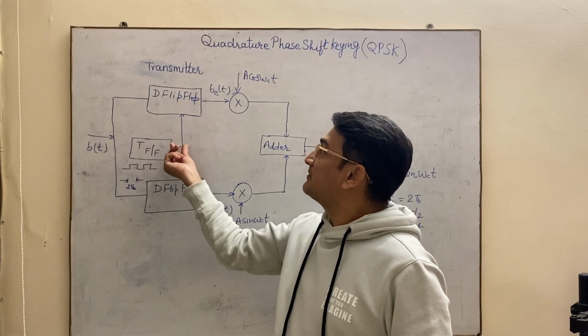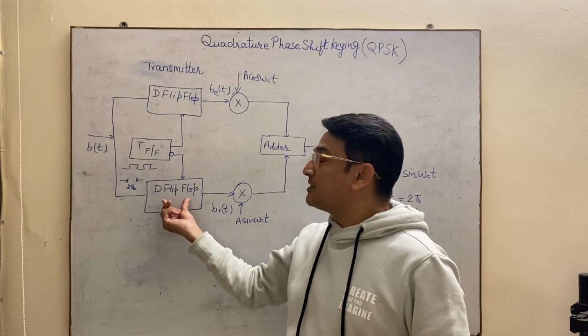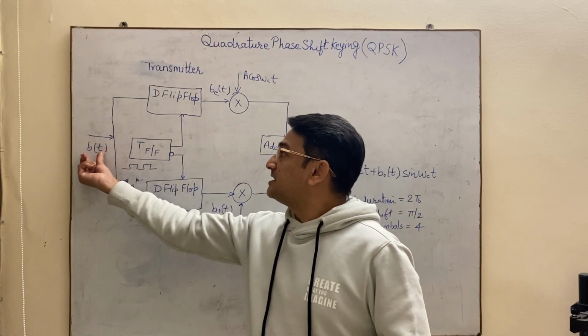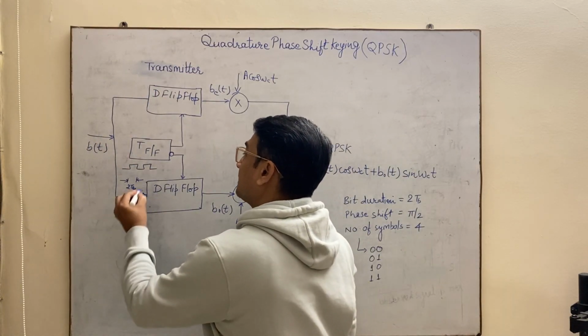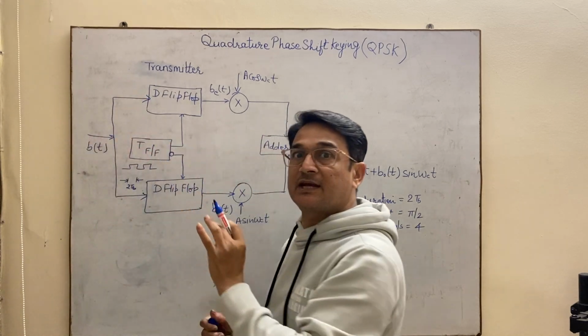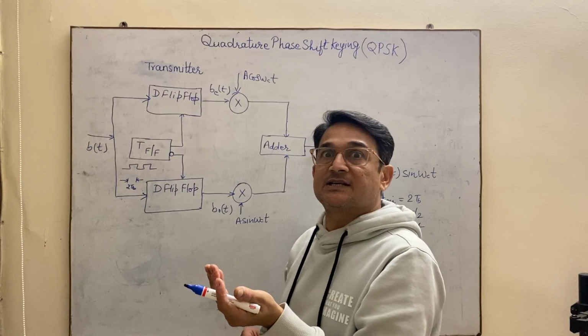So one clock is given to this one, and an inverted clock is given to this D flip-flop. The bit sequence bT is given to both the D flip-flops.